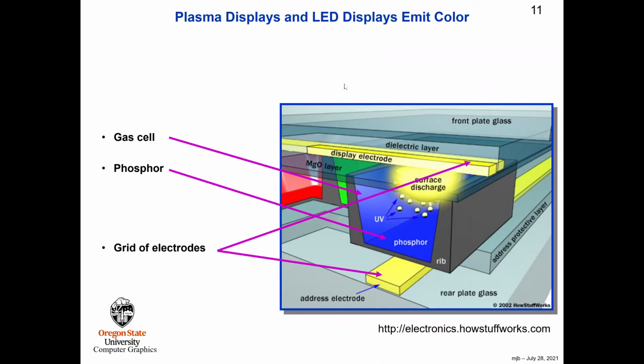They are opening and closing light gates, and they have different colors of essentially cellophane, and they typically have a white light back behind the screen, and so it's gating light coming out. But plasma displays and LED displays emit their own color, and that's why they look so good, and that's why they're more expensive too.